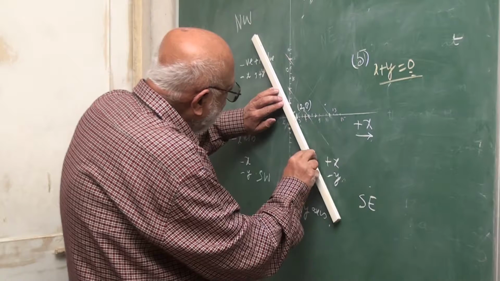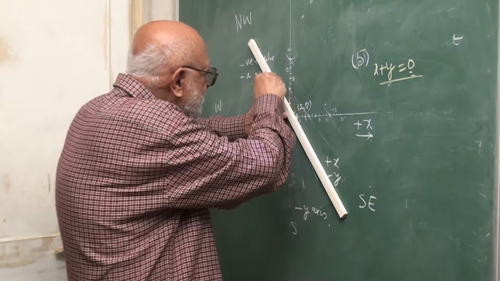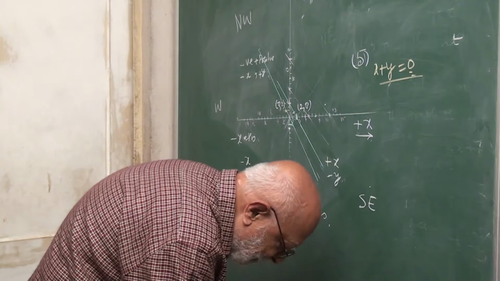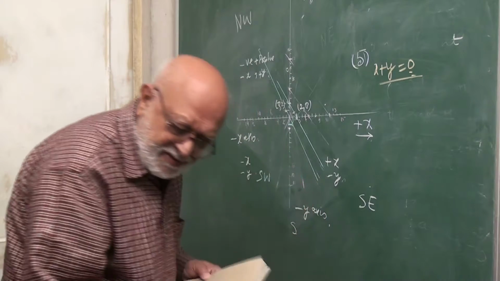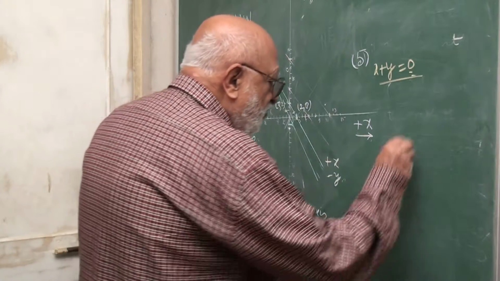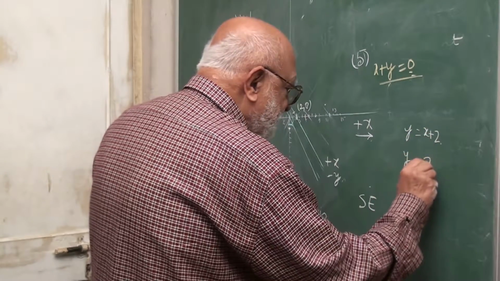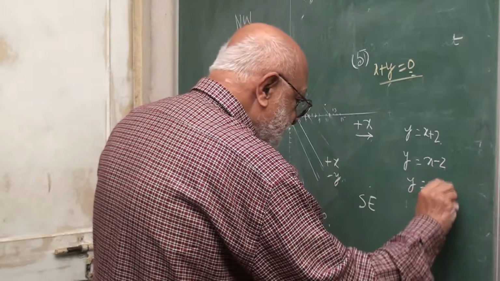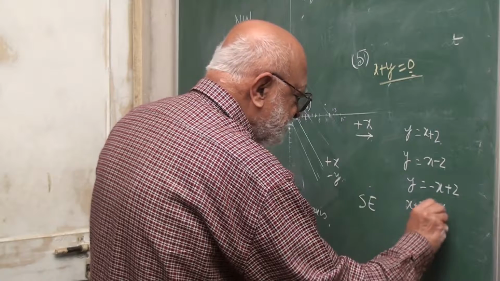The anticipated equation would be, again, x plus y type. Looking at the equations that have been given: y equal to x plus 2, y equal to x minus 2, y equal to minus x plus 2, and x plus 2y equal to 6.